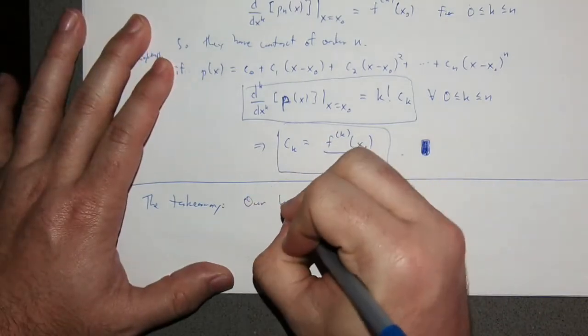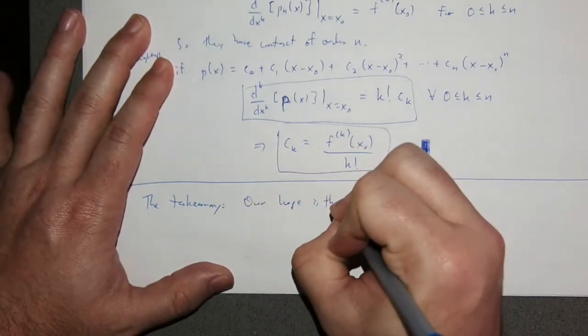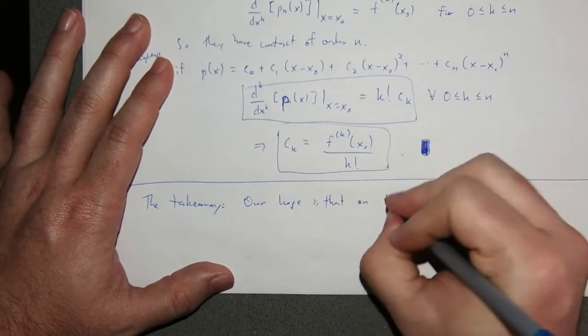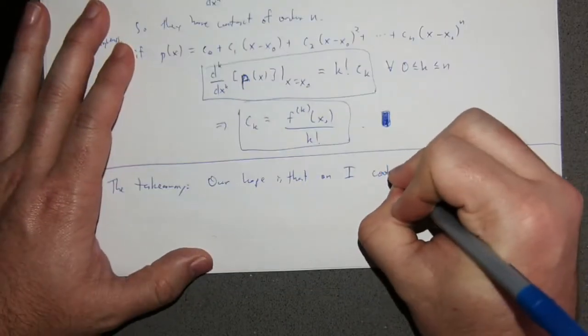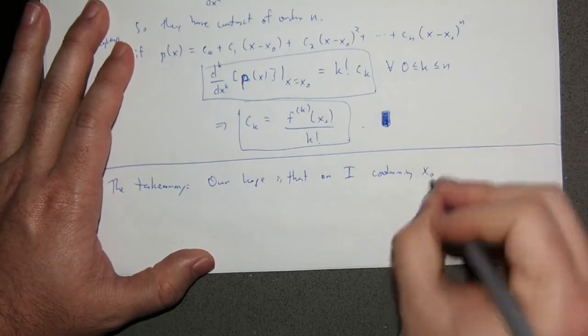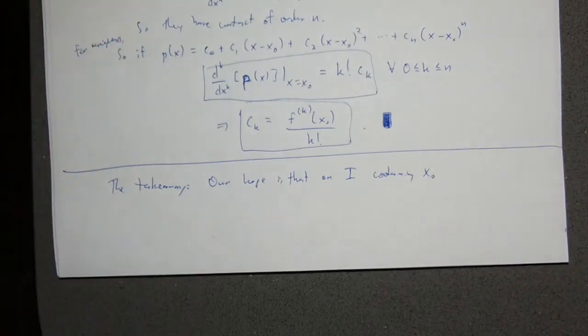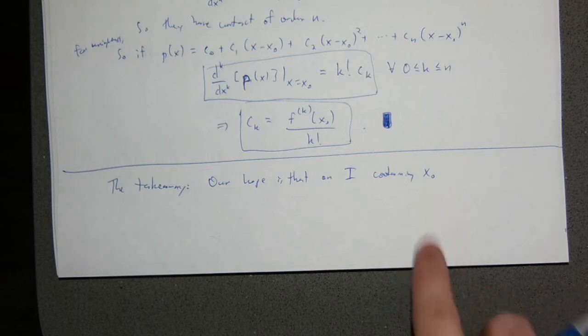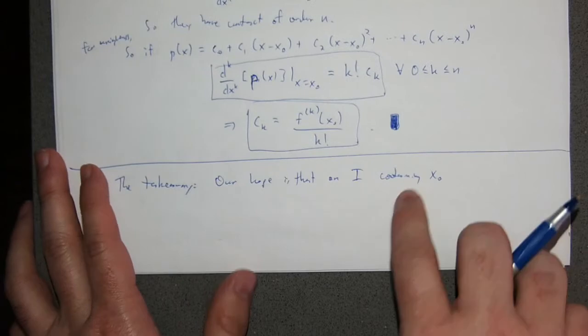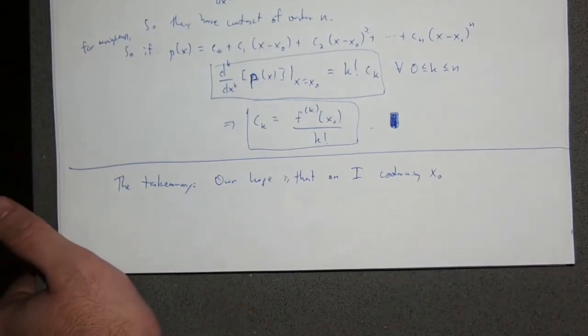Our hope is that on I, containing x naught, being the point that we've written this Taylor polynomial for f expanded about. That's the terminology we'll use. If you don't quite remember why that's the case from Calc 2, you'll see why here in a little bit.